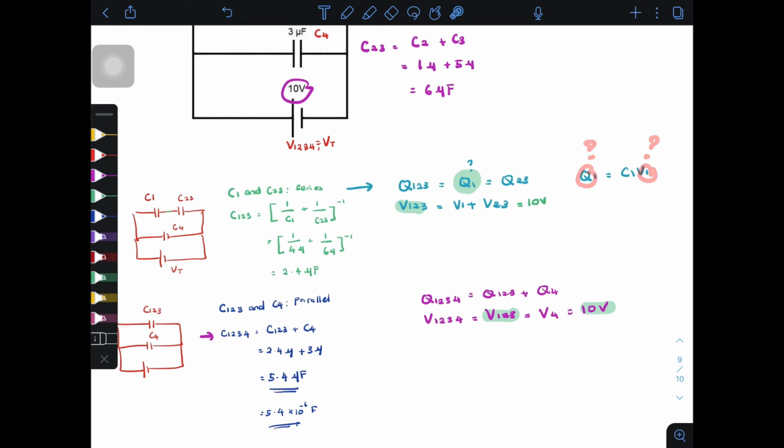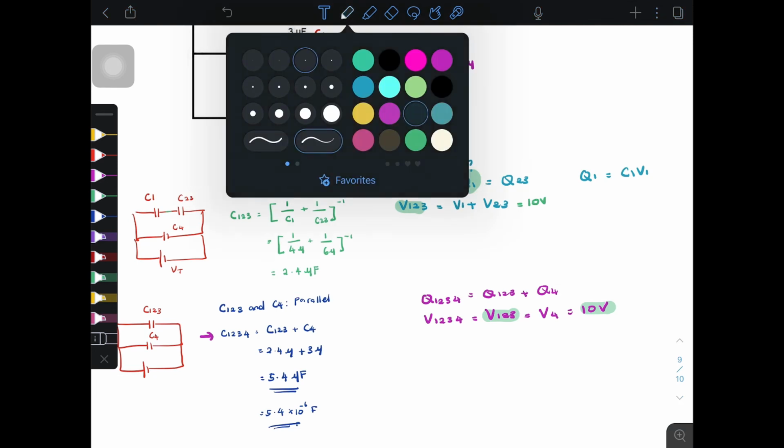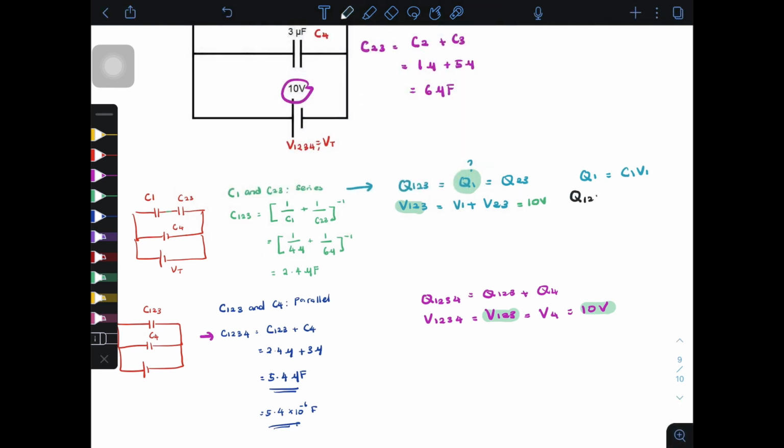But we can use Q123 sebab kalau kita dapat Q123 kita sama dengan Q1. So go here, Q123 equals to C123 V123. Do I have C123? Yes, I have C123 here. Do I have V123? Yes, I have V123.